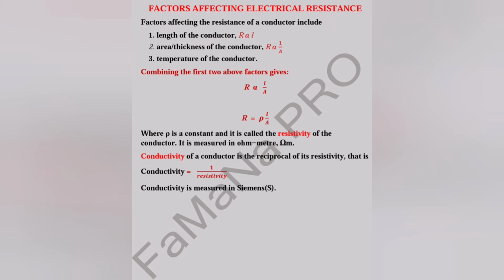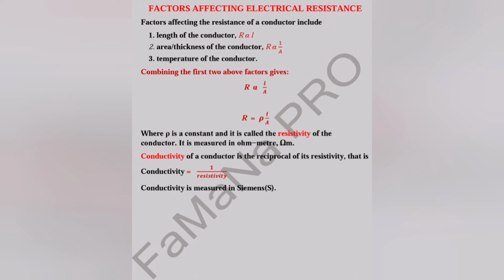Factors that can affect the resistance of a conductor, let's say a wire, include, number 1, the length of the conductor. The longer the conductor, the higher its resistance. Another factor that can affect the resistance of a conductor is the area of the conductor.